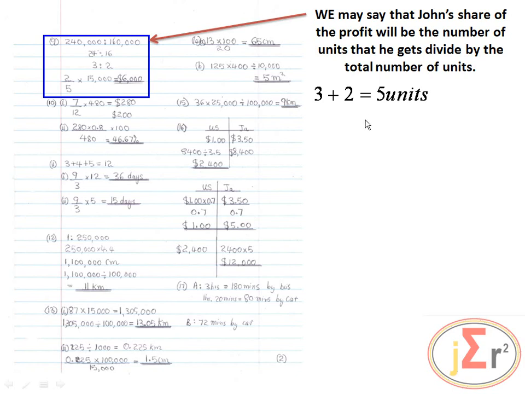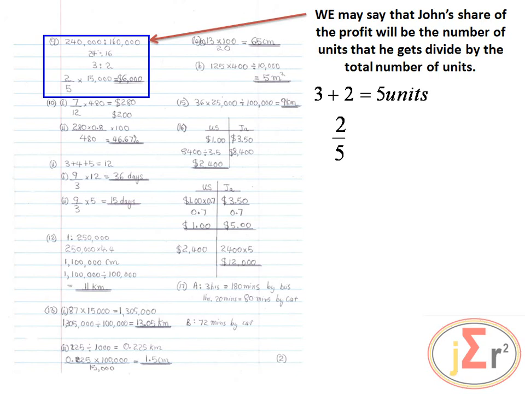And in order to determine his share, we will take that fraction and multiply by the total profit. So John's share over the total number of units, that will be 2/5, and that we will multiply by the total profit. So that is the fraction of the total profit that John's share represents.